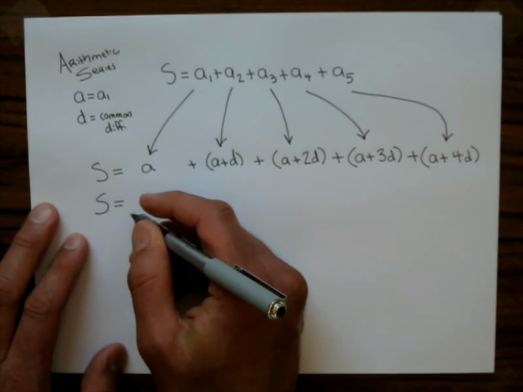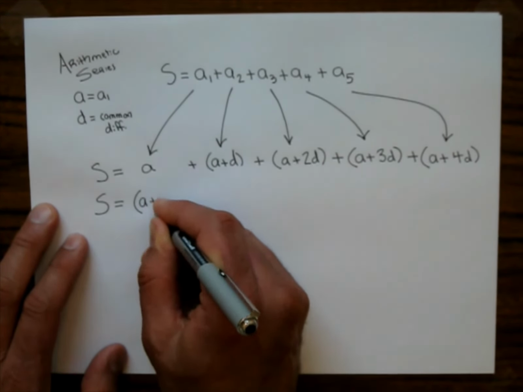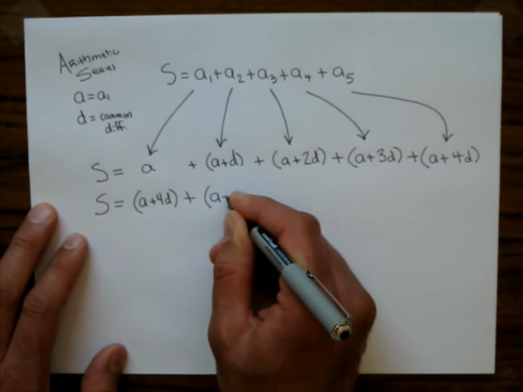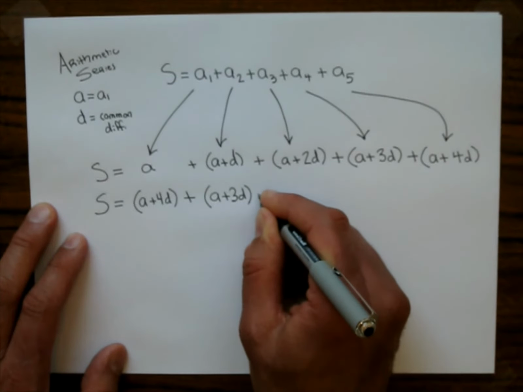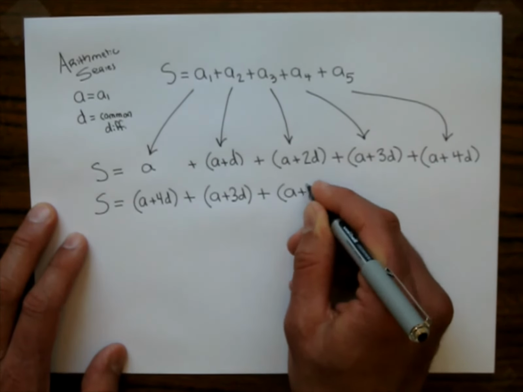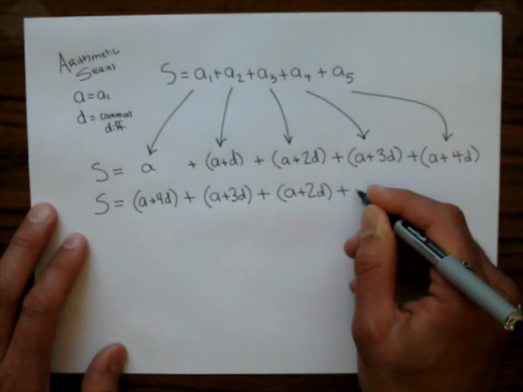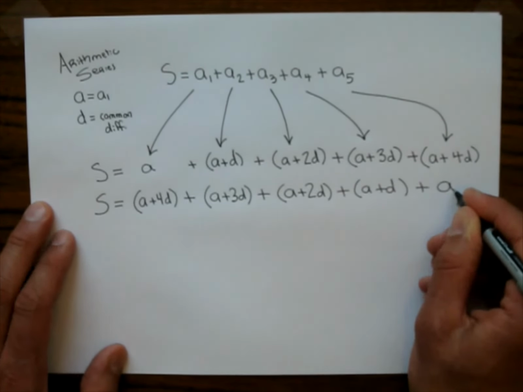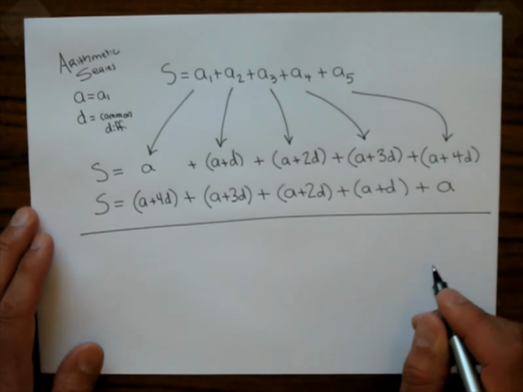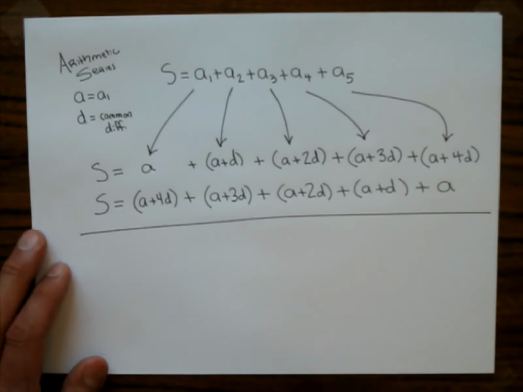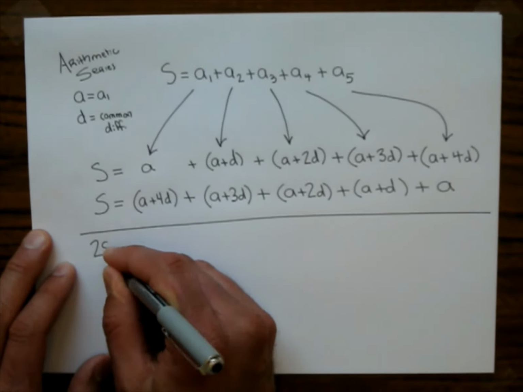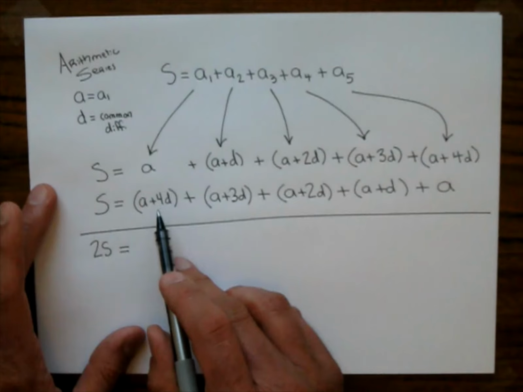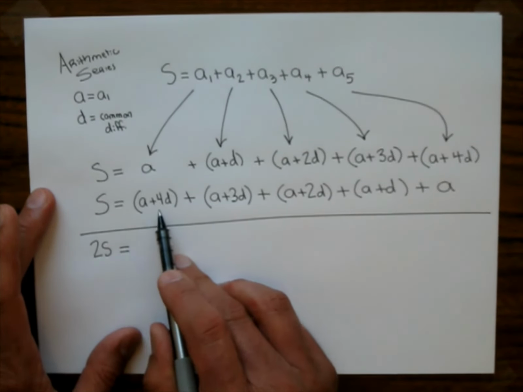So this is going to be A plus 4D plus A plus 3D plus A plus 2D plus A plus D plus A. I'm going to do the same thing Carl Gauss did. I'm going to add them together, so I'll get 2S, add both of the equations together, and then what do I have here? I have 2A plus 4D.